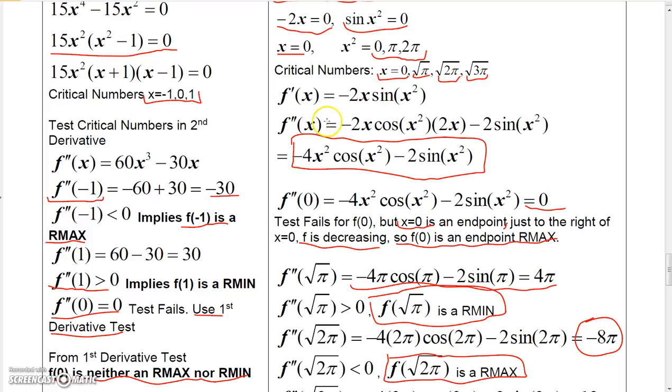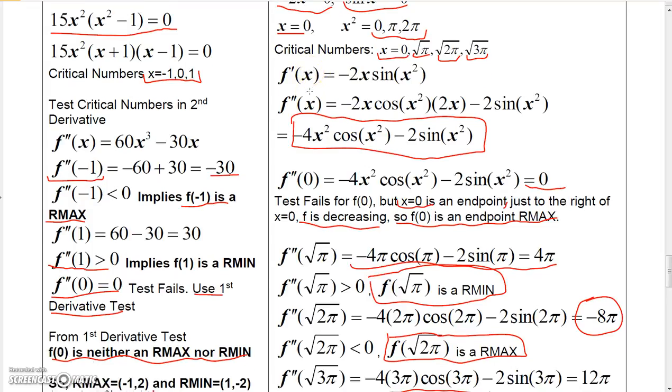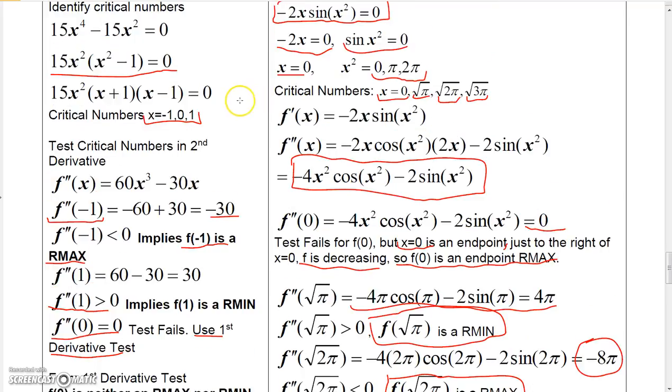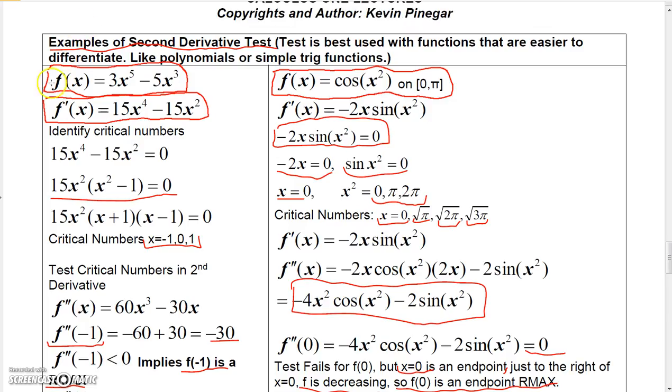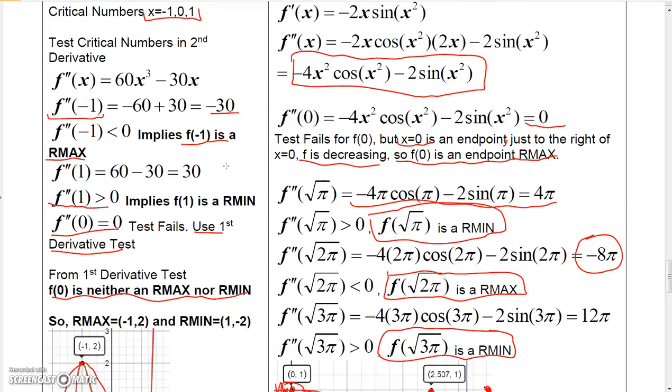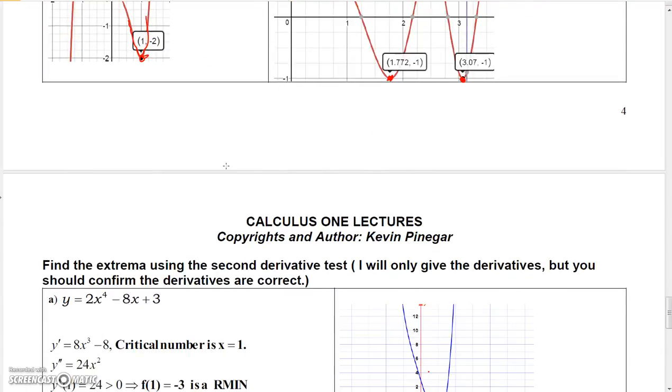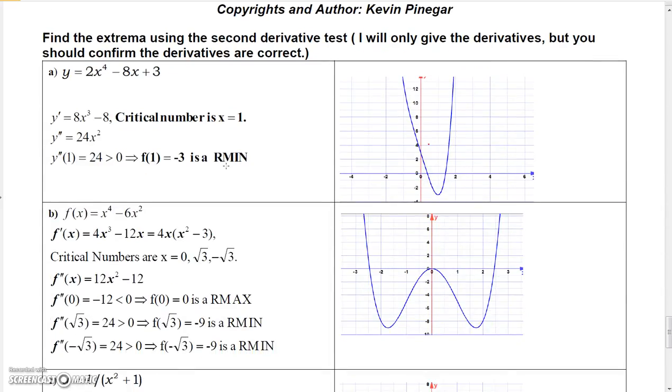But I always like to show students an example of a complicated problem, one that's complicated to get the second derivative, so they can see that you really are better off using the second derivative test only with polynomial functions, and on most other functions using the first derivative test, unless of course your teacher makes you use the second derivative test.